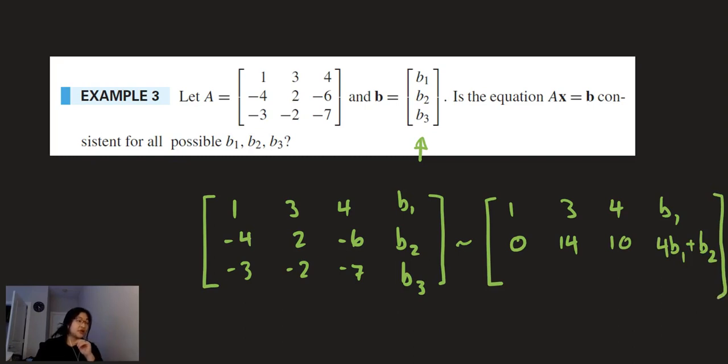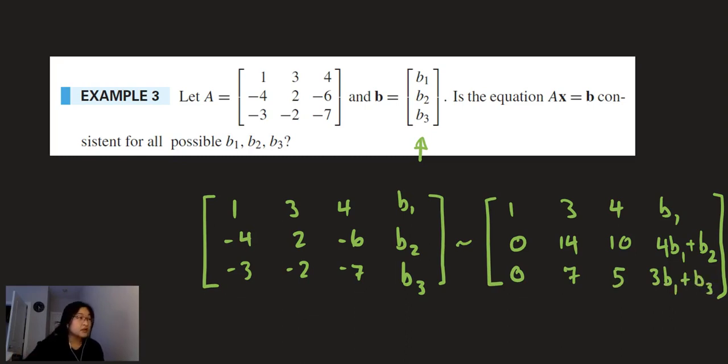For our last row, let's take 3 times our first row and add it to our last row. So we get 0, 3 times 3 is 9, minus 2 is 7, 3 times 4 is 12, minus 7 is 5, and 3 times B1 plus B3 is our last entry.